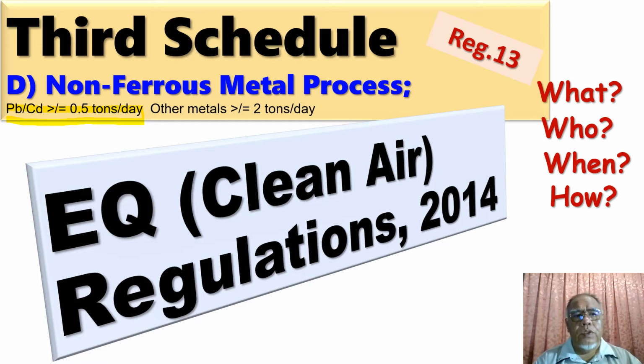And for other non-ferrous metals other than lead and cadmium, which I think some of you know, metals like aluminum, chromium, zinc, nickel, tin and all this, if they are produced in a quantity equivalent to or more than 2 tons per day, then they are subscribing to this particular regulation under the first schedule of activities, and their emission standard will fall under the third schedule, Part D, non-ferrous metal process.